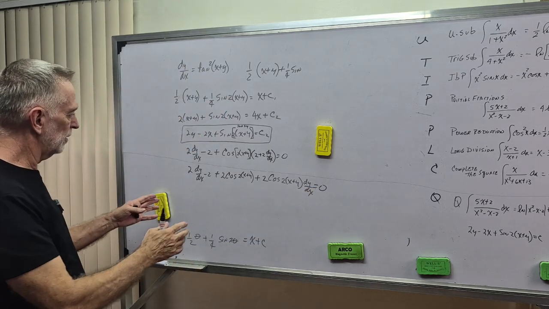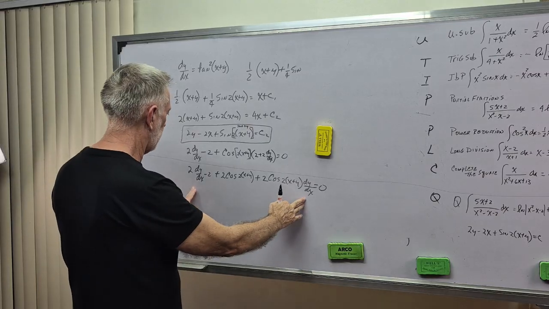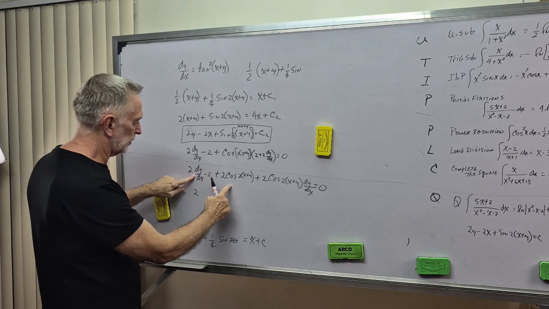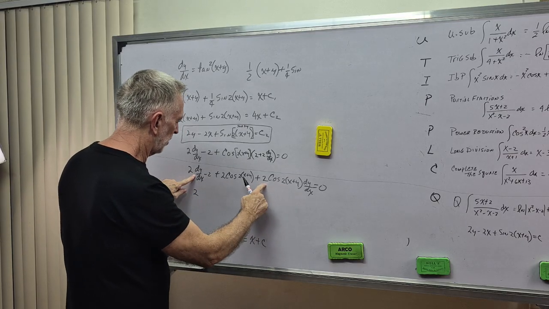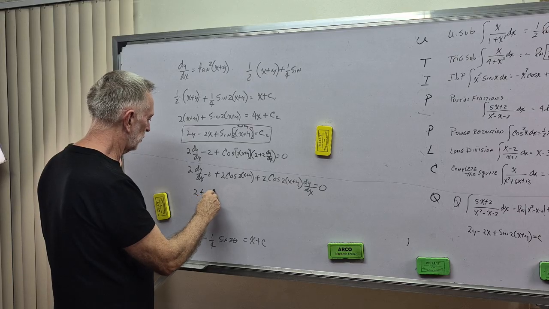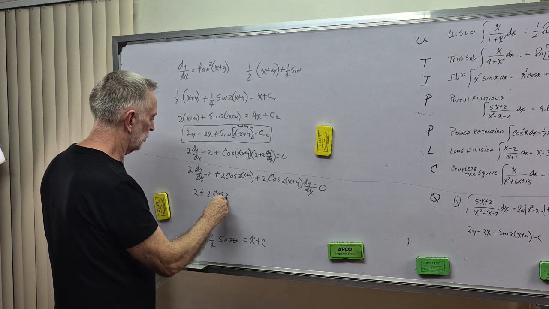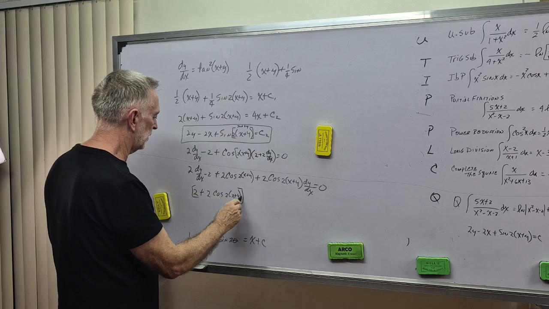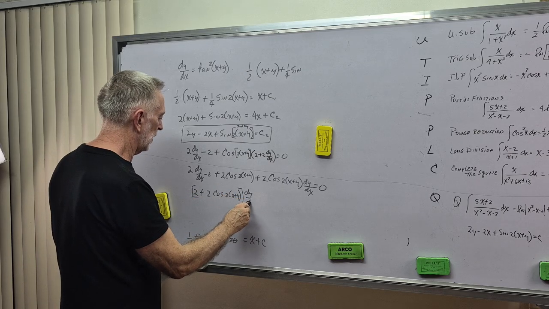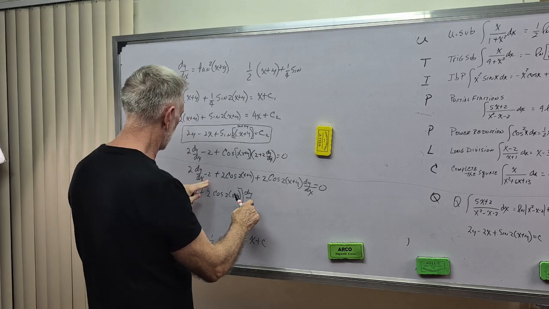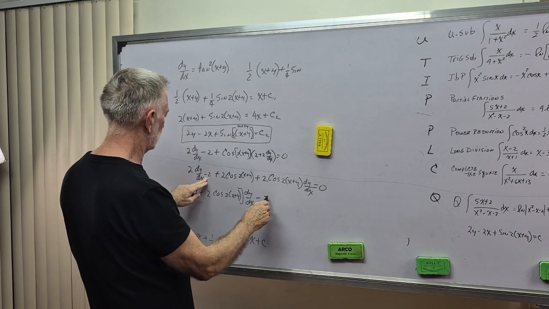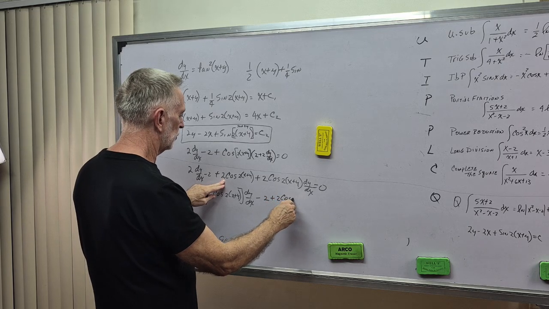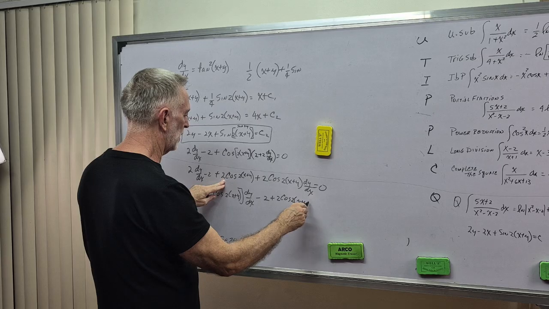Okay, let's collect some terms. I'm collecting the dy/dx terms: I've got a 2 plus 2 cosine(2x plus y). All of that was my dy/dx, minus 2 plus 2 cosine(2x plus y).